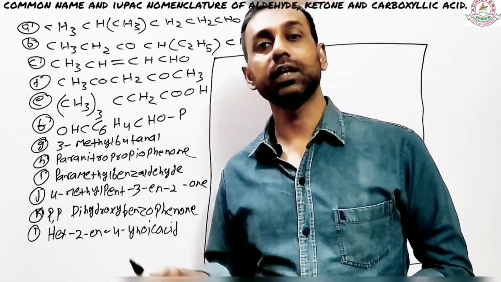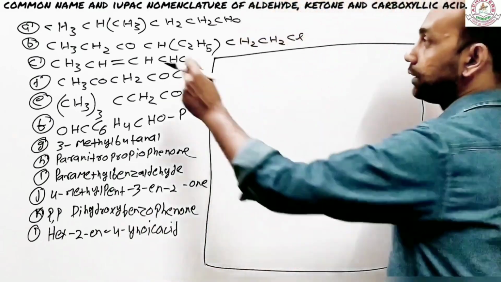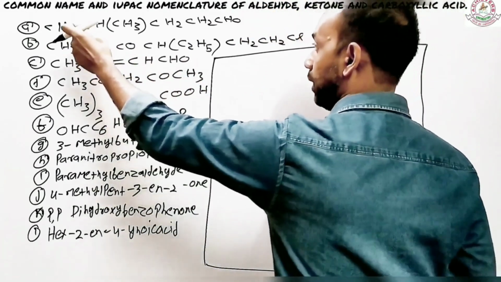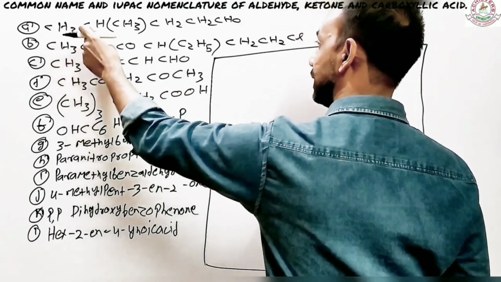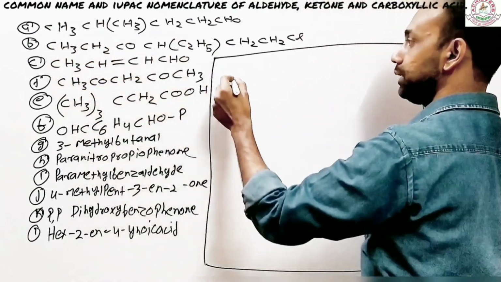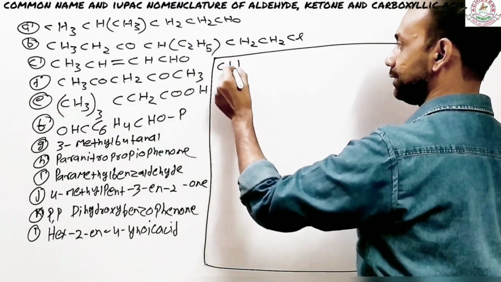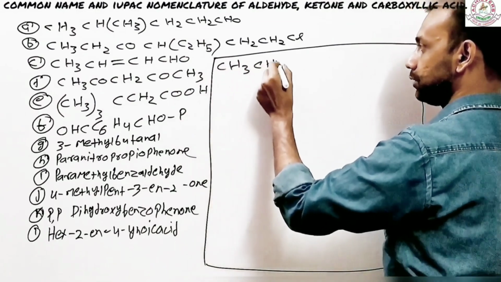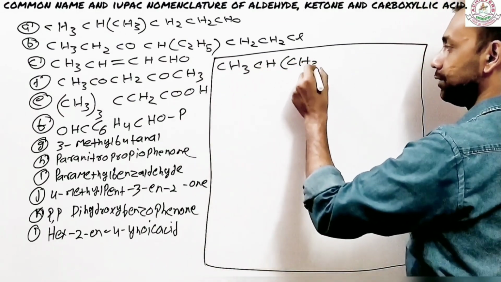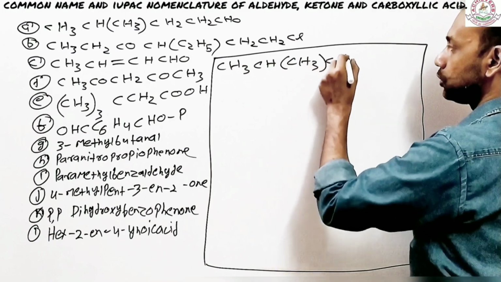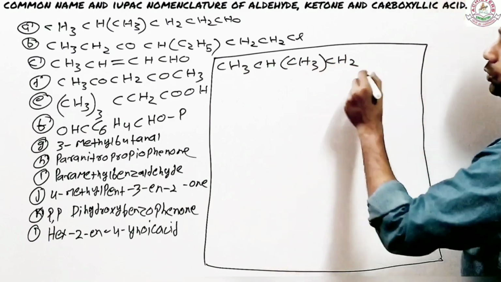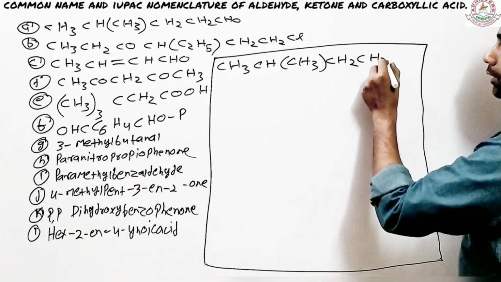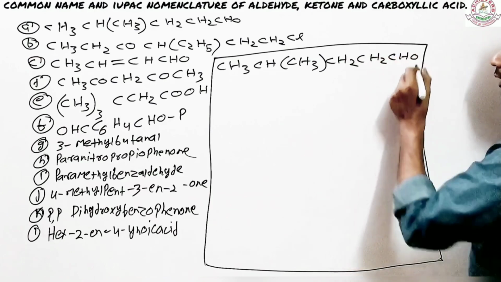So concentrate on the carbon. So what I'm doing here, I'm talking about the first one. Let me write it first here. CH3, CH3, and you got CH2, and then you have another CH2, and finally you have CHO, right?